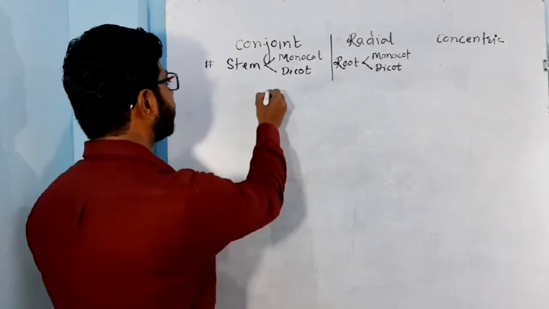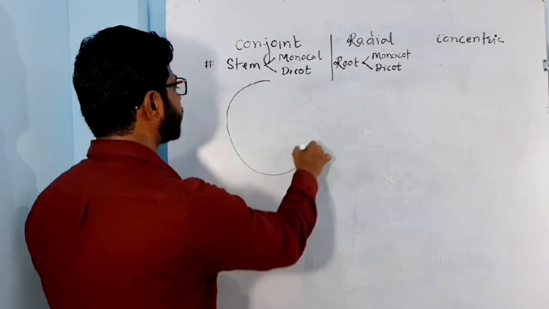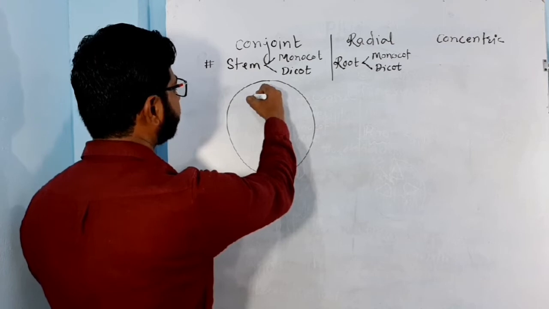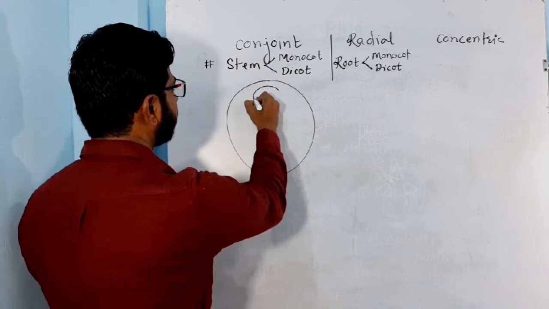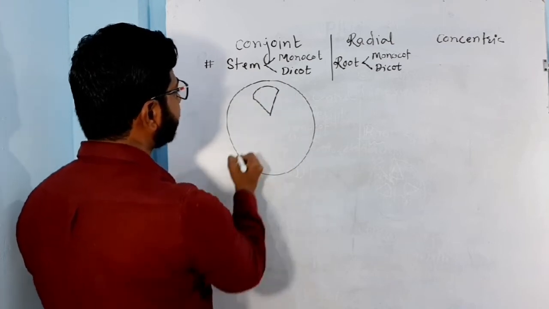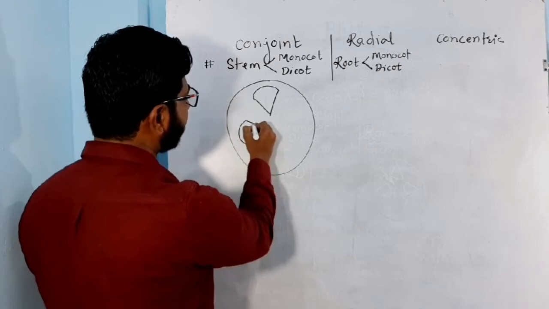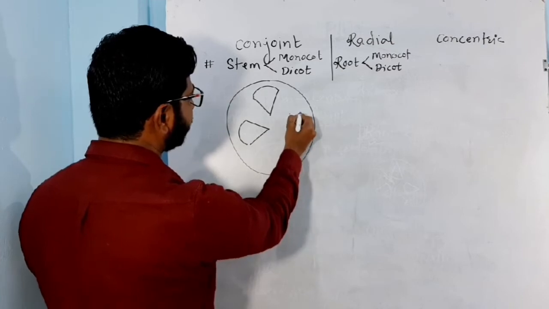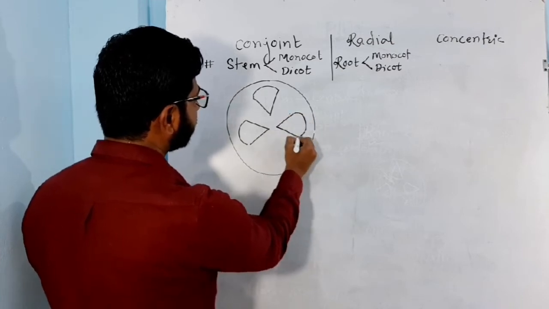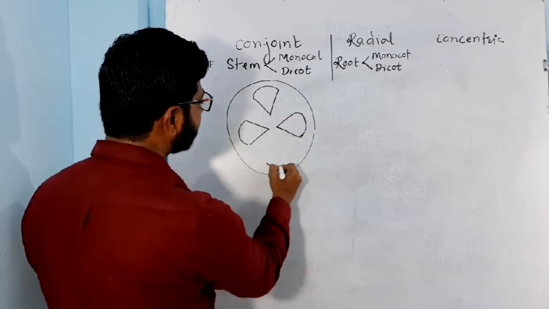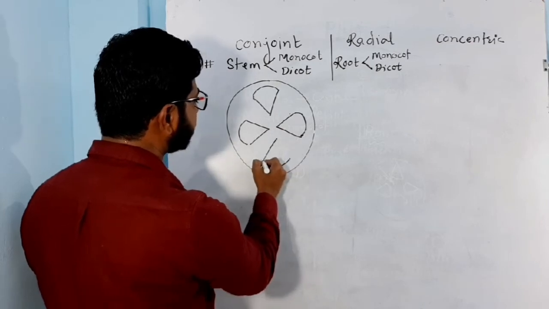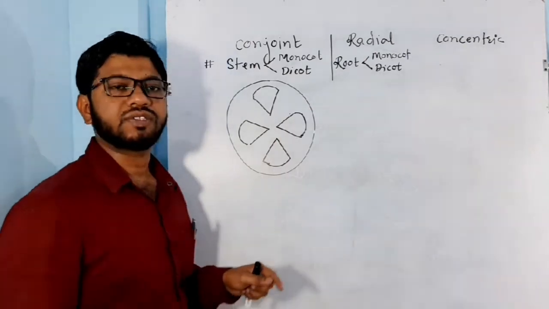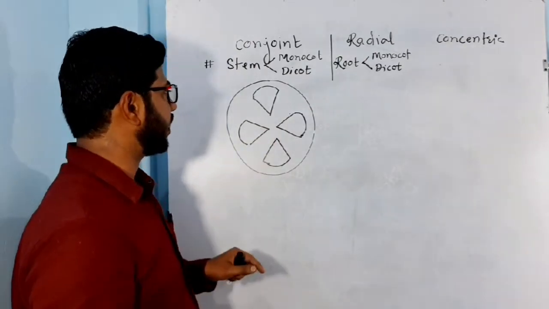Let us consider this is transverse section of the stem. So in this transverse section, narrow region is towards the center and broad is towards the periphery. This is characteristic of stem. In the last lecture we had named this type of arrangement protoxylem center, metaxylem periphery.